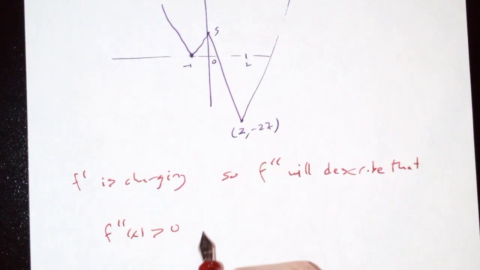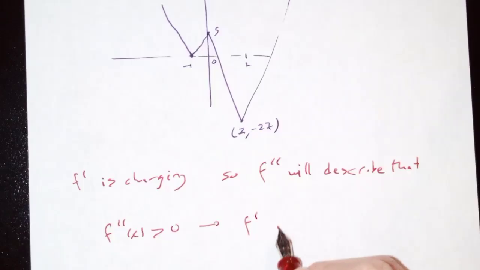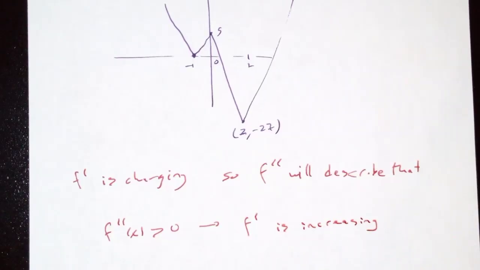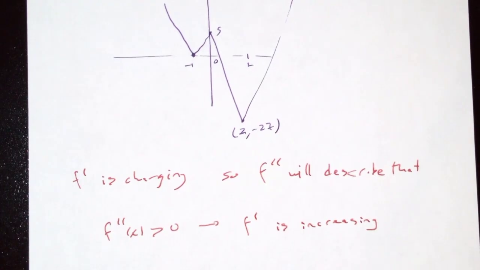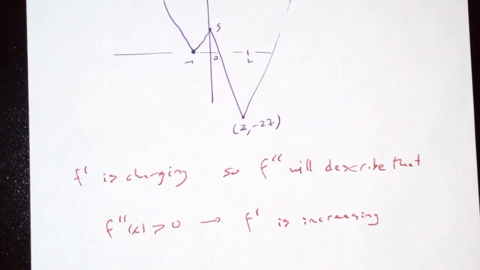That means that f prime is increasing. The derivative of this tells me whether it's increasing or decreasing. If my derivative is increasing, that's the slope of a tangent line. If my slope gets bigger, what happens to my line? More vertical.